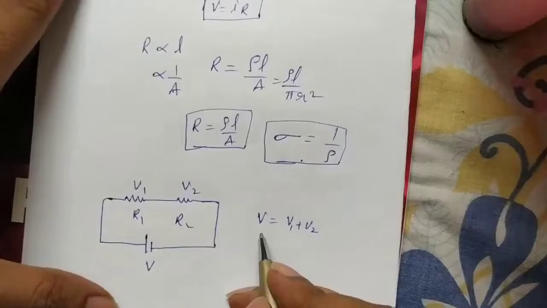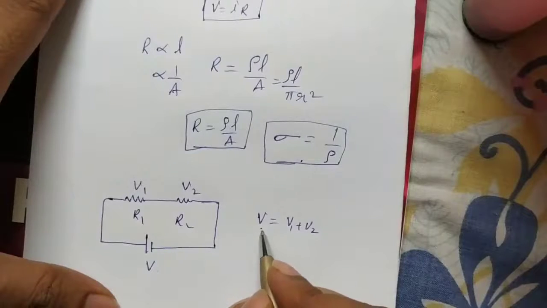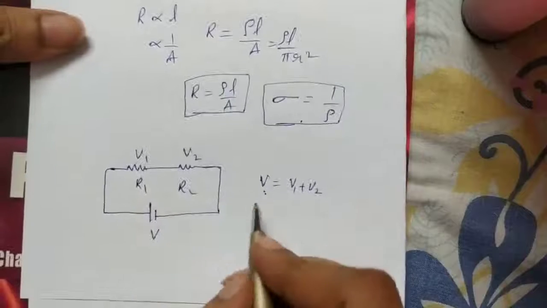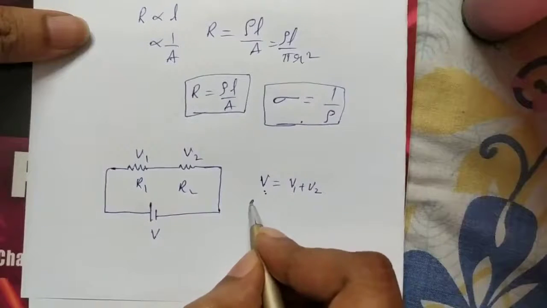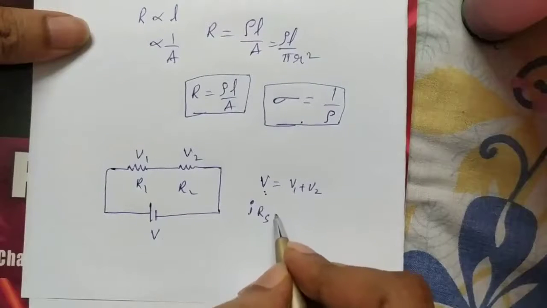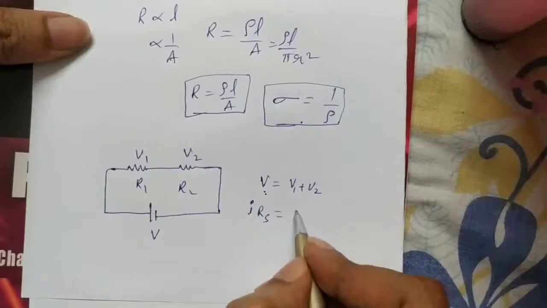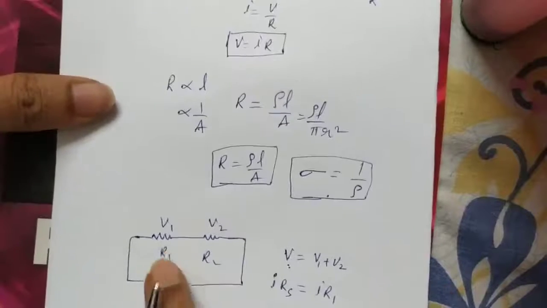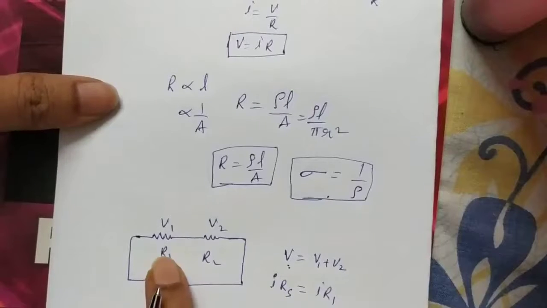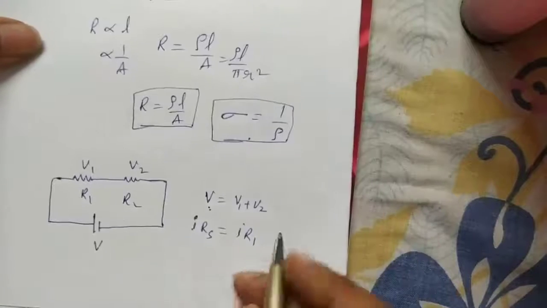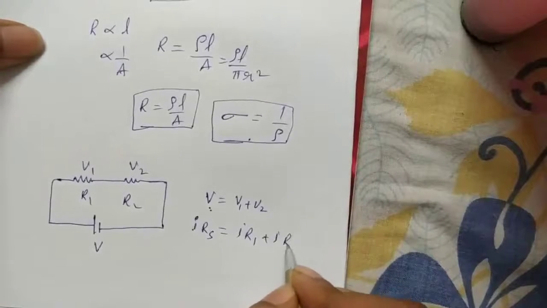And from this, what can you write? Total potential, according to Ohm's law, is V is equal to IR. From that, you can write total current I into total resistance R series is equal to current into resistance. First one, V1 is equal to I R1. Second, V2 is equal to I R2. Why?